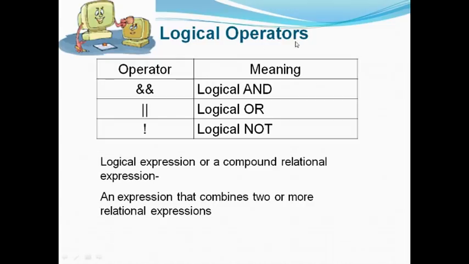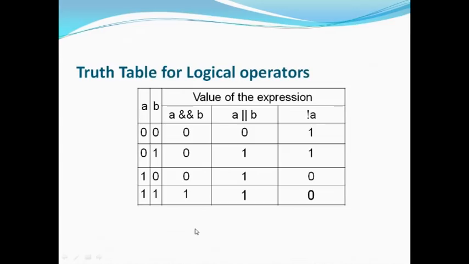Next comes logical operators. There are 3 logical operators: logical and, logical or and logical not. Logical expression is also called as compound relational expression because the logical expression combines 2 or more relational expressions.